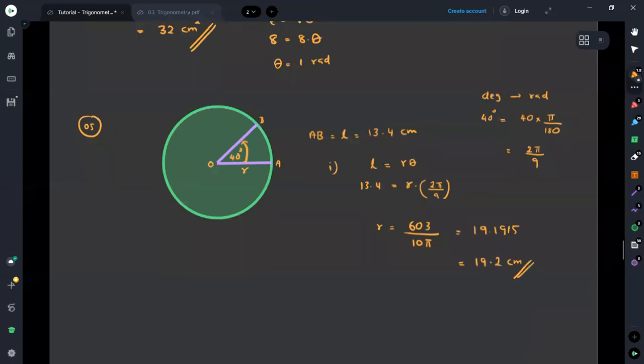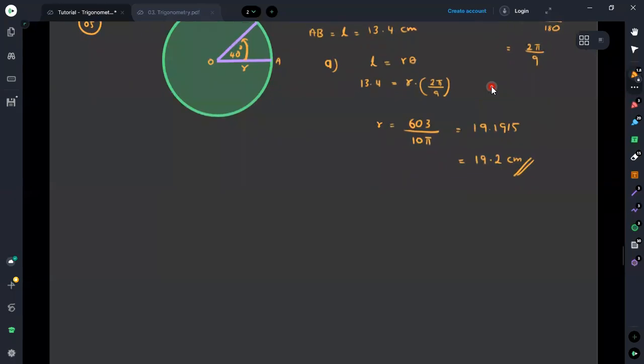The first part was question part A, and part B asks us to find the area of the sector formed by the given r. If you name the area as S, S can be found using the equation half times r squared theta.